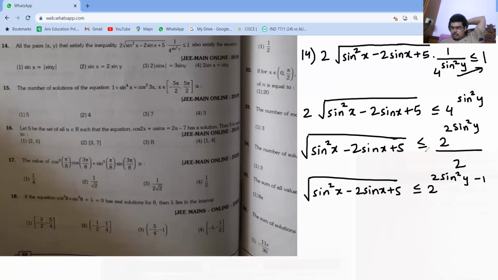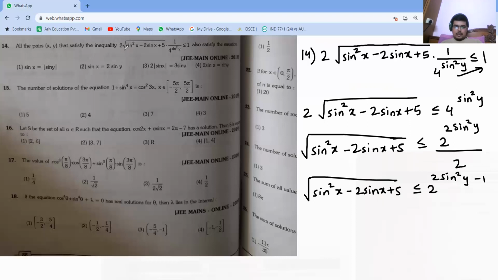No, how will we solve this? Can we take log? The whole thing raised to 1/2, so the half comes down, and then we can solve further. Arush, I think they have made a blunder in the question.